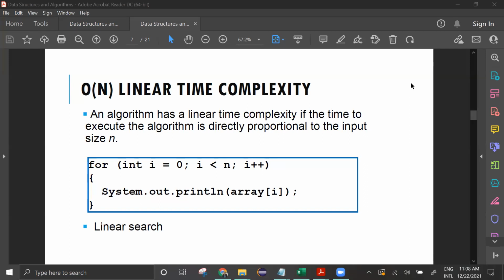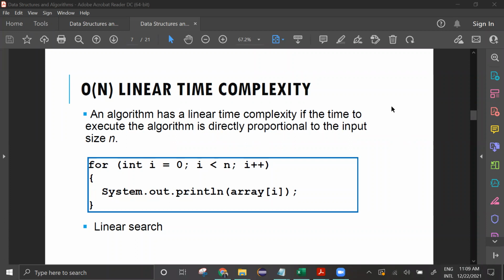Tharuka, Dilrukshi, do you have questions? No, sir. Is it clear? Yes, sir.